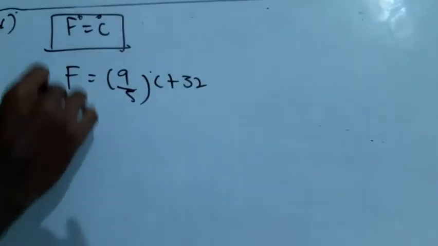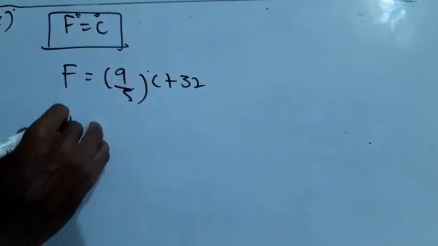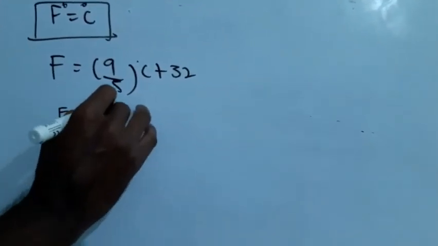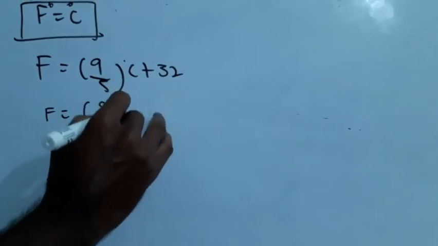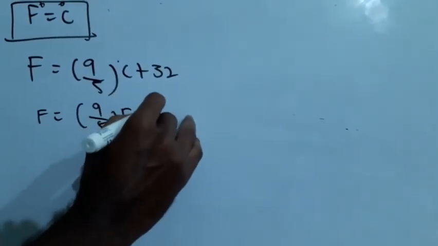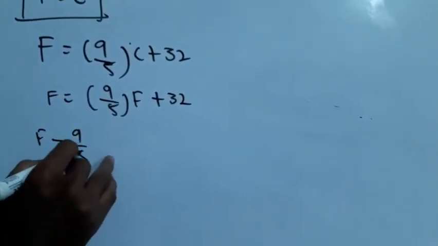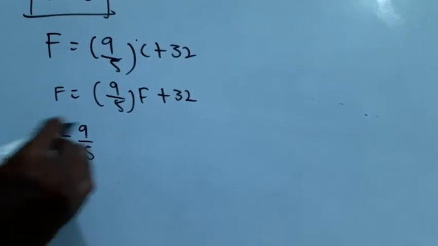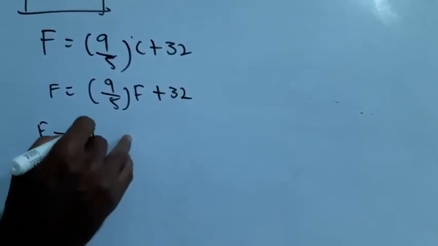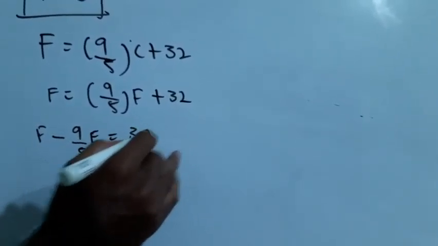Since F equals C, I'll write F is equal to 9 by 5 into F plus 32. Now F minus 9 by 5 F is equal to 32.